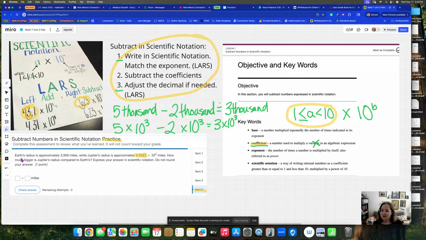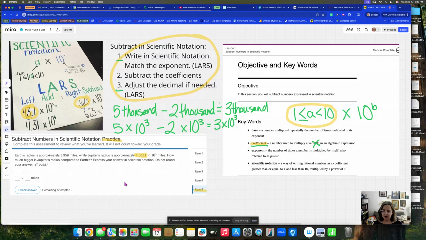Okay. So this problem says Earth's radius is approximately 3,959 miles, while Jupiter's radius is approximately 4.3441 times 10 to the fourth power miles. How much bigger is Jupiter's radius compared to Earth? Express your answer in scientific notation.